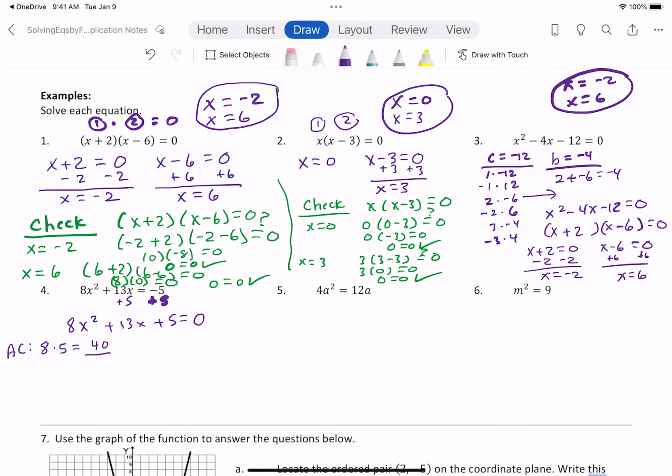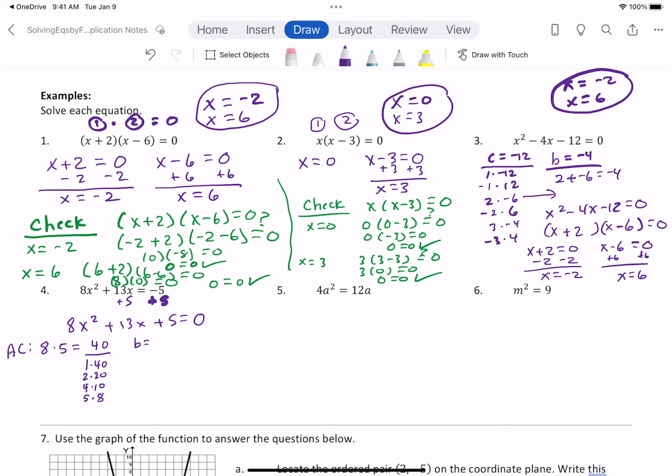So we're going to list the factors of 40. So I have 1 times 40, 2 times 20. 40 is not evenly divisible by 3. We could do 4 times 10. We have 5 times 8. And I think after that they would start repeating again.